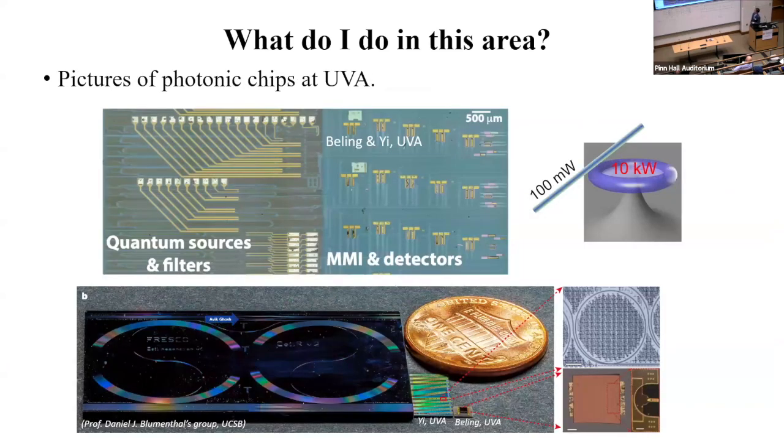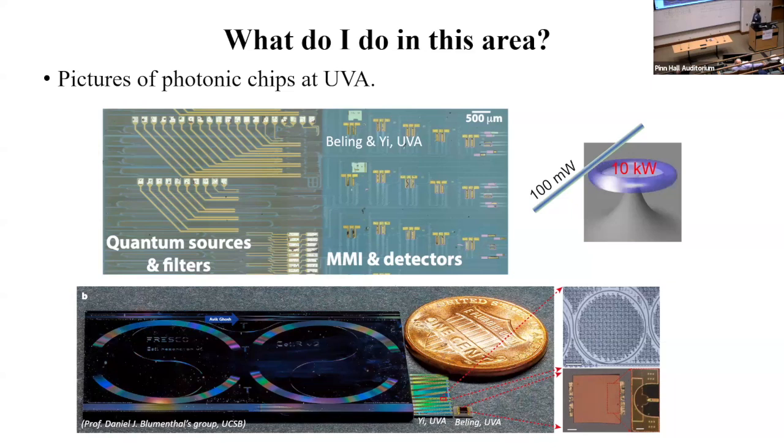I'm just going to show some fancy pictures of the chip because they look very nice. It also took us a very long time to take good-looking pictures. These are chips that Andreas Beling fabricated. On this side is the quantum source, and on this side is his detector. We try to have entanglement generated and measured on the same chip.